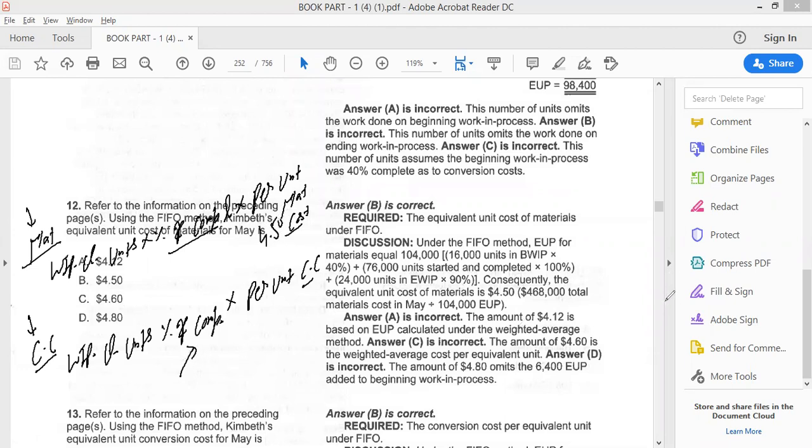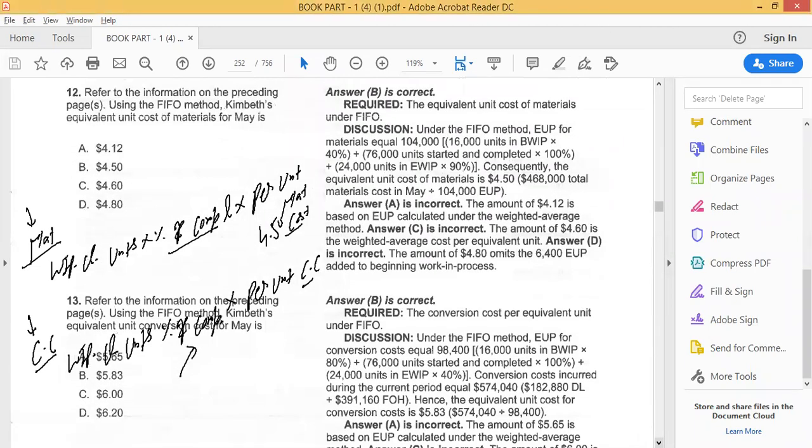I'm just putting the values in the formula. Once you know the formula, you can pick up the values from here. And per unit conversion cost, you are having 5.83.